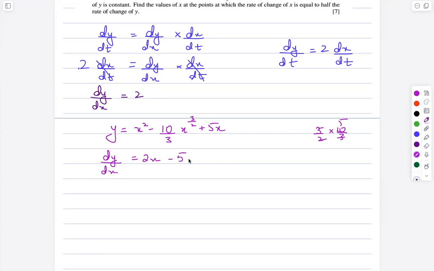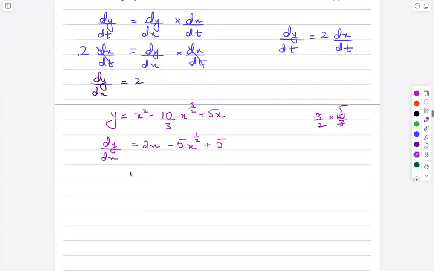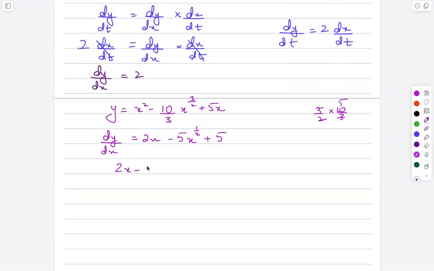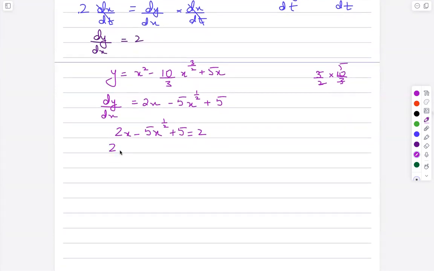So this will be −5x to the power of 3/2 decreased by 1, that will become 1/2, plus 5x, which becomes plus 5. Now equating it to 2, we'll get 2x − 5x^(1/2) + 5 = 2. Bringing 2 to the right hand side, we'll get 2x − 5x^(1/2) + 5 − 2, which equals 3.